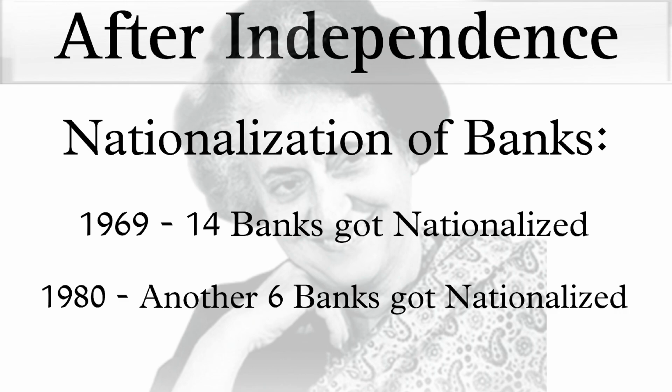The nationalization of banks had several positive impacts on the Indian economy. It led to an increase in the number of bank branches, particularly in rural areas, which helped to promote financial inclusion. The nationalized banks were also mandated to provide credit to priority sectors such as agriculture, small-scale industries, and exports, which helped to promote economic growth and development.